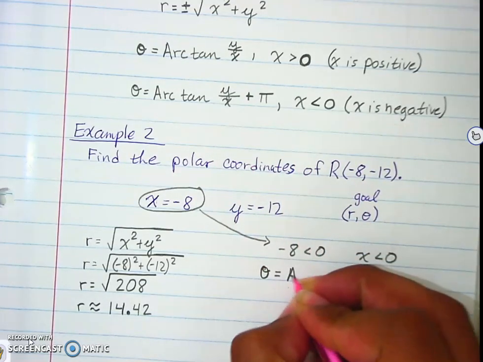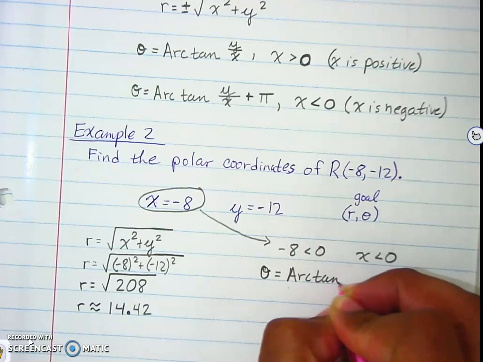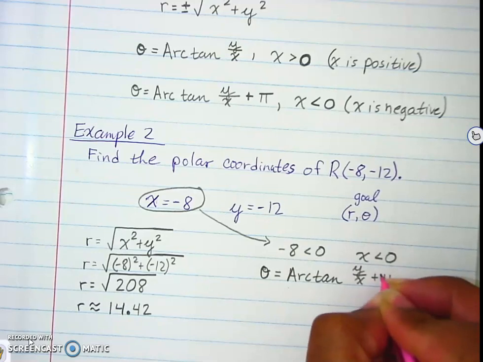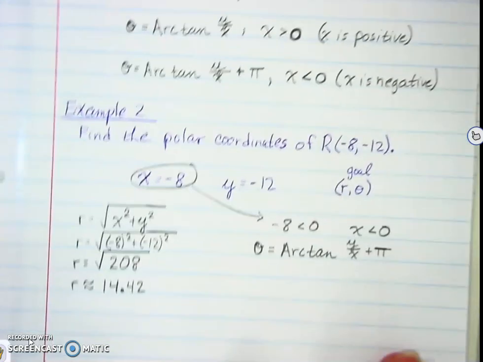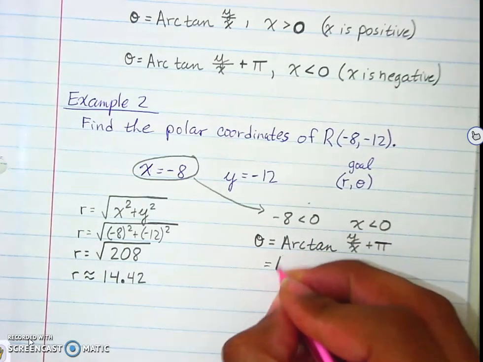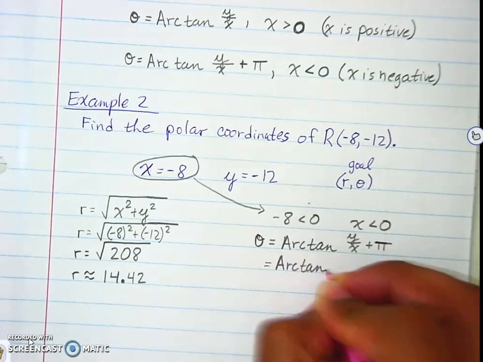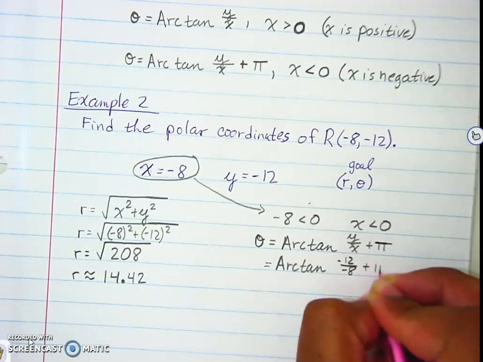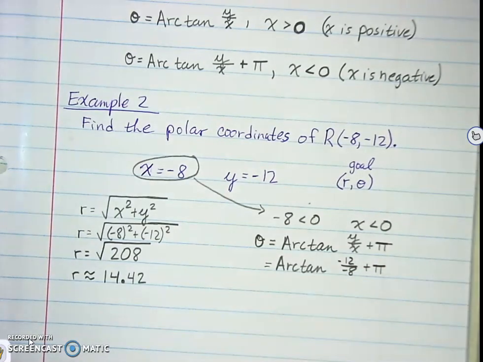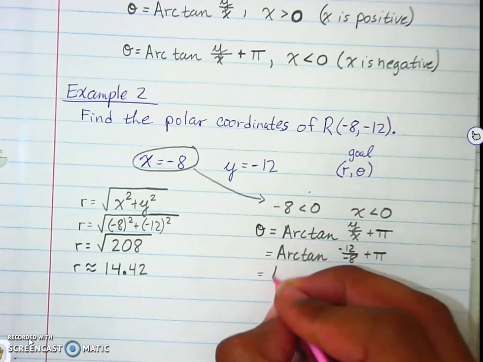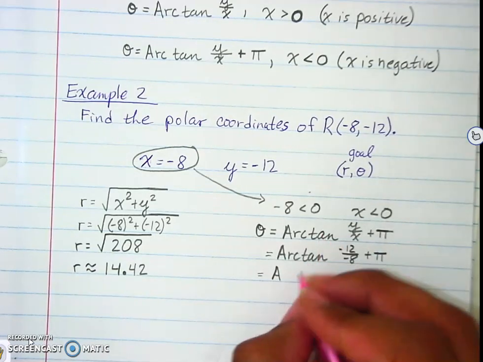So we will do arc tan y over x plus pi. So here we have arc tan, y is -12, x is -8, plus pi. If you simplify this -12 over -8, you will get that it is 3 over 2.